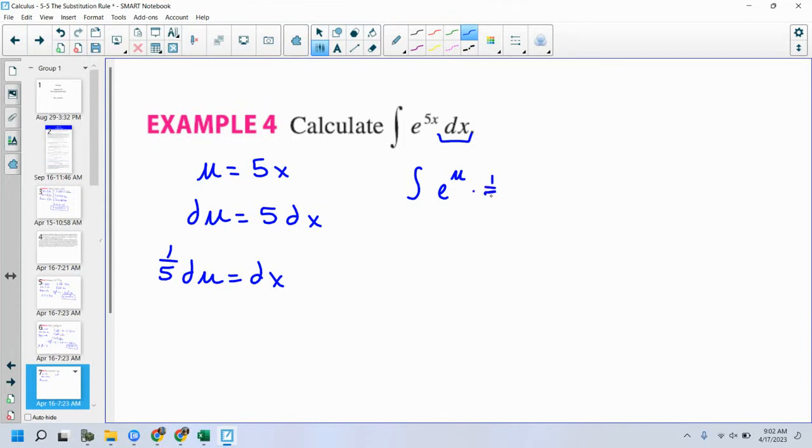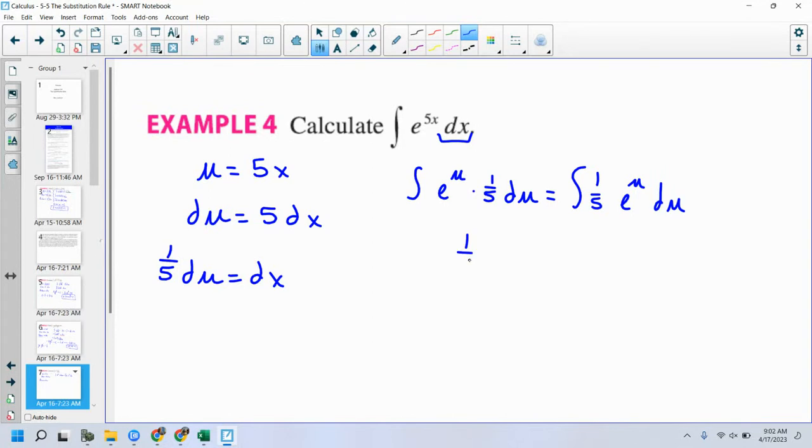So that means this is going to be times 1/5 du. And again, I like that number out front. 1/5 e to the u du. And again, e to the something is a super easy antiderivative as well, right? E to the something is e to the something.